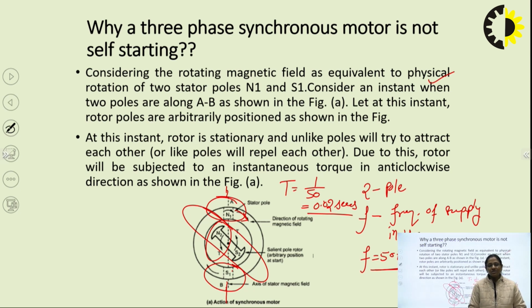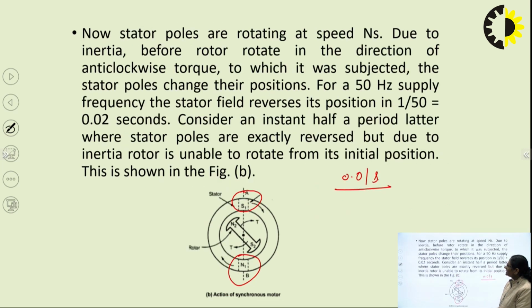The mechanical inertia, the mechanical time constant, is very high as compared to the electrical time constant. So, the changes taking place in the electrical circuit are very fast. The rotor, being mechanical in nature, cannot respond that fast, right? So, after 0.01 second, as the rotor could not rotate in 0.01 seconds, the new force that is now exerted over the rotor is shown to be in clockwise direction.